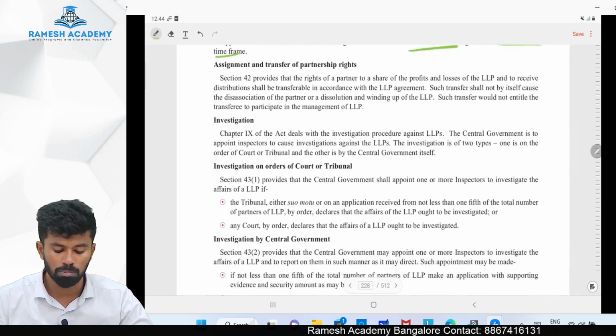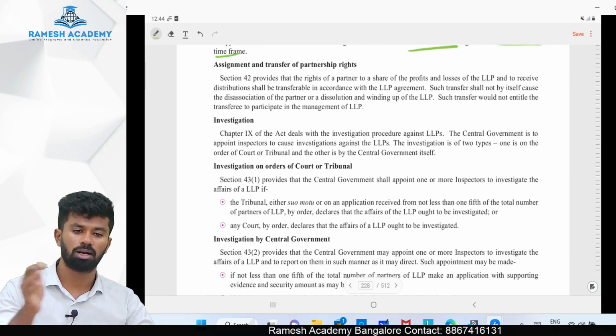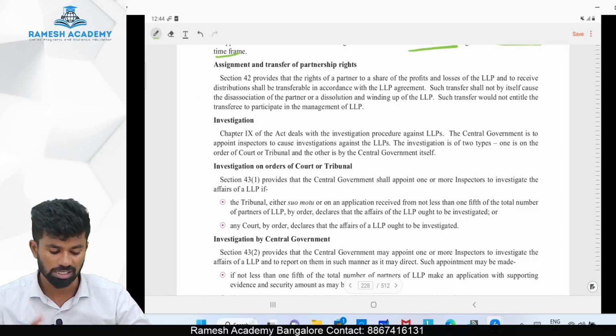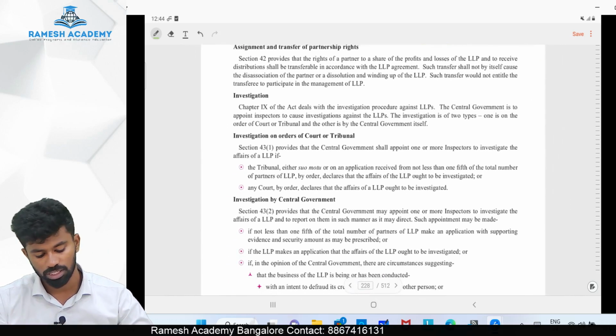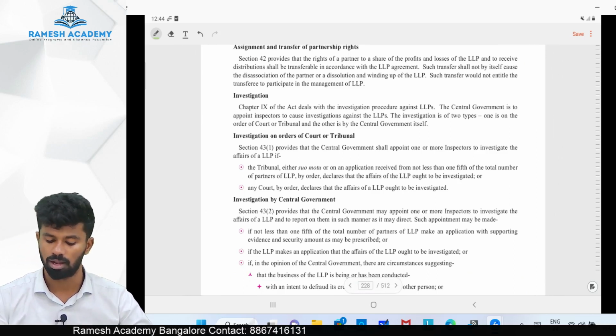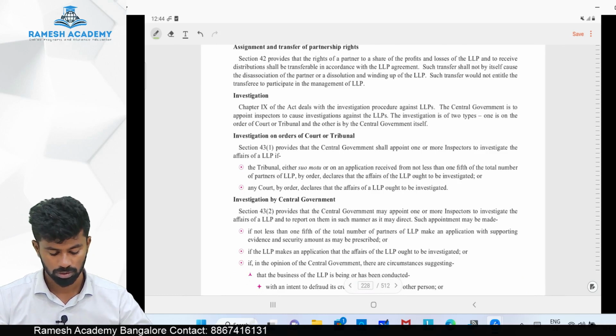Assignment and transfer of partnership rights: all will be transferred to the new partnership firm, or which is reconstructed. Investigation: central government can carry out investigations of LLPs if there is any alleged fraud or irregularities.